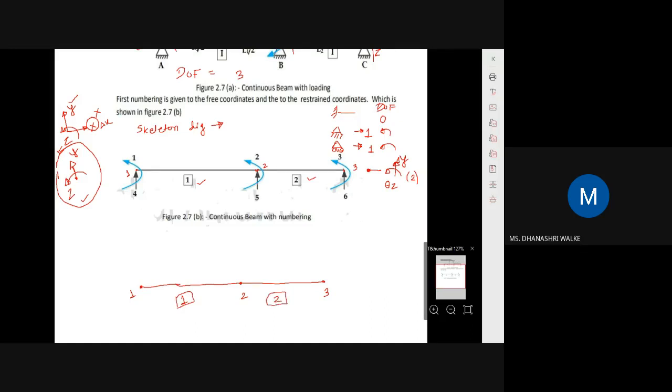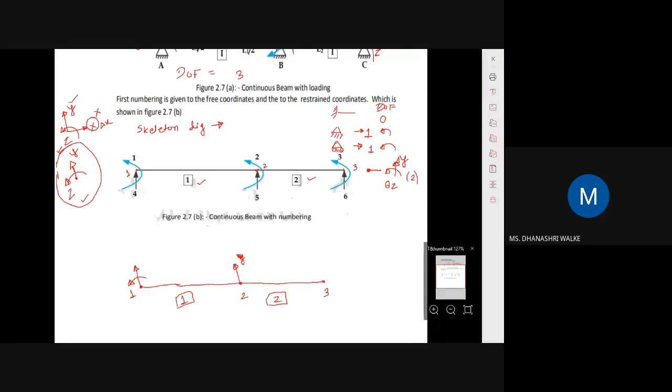Okay, so here at node 1, means at node A, which type of displacement is possible? Only rotation. So first, before giving a numbering, you plot y and z. Like this you plot it at all the nodes. Okay, y and z. Don't write y here.